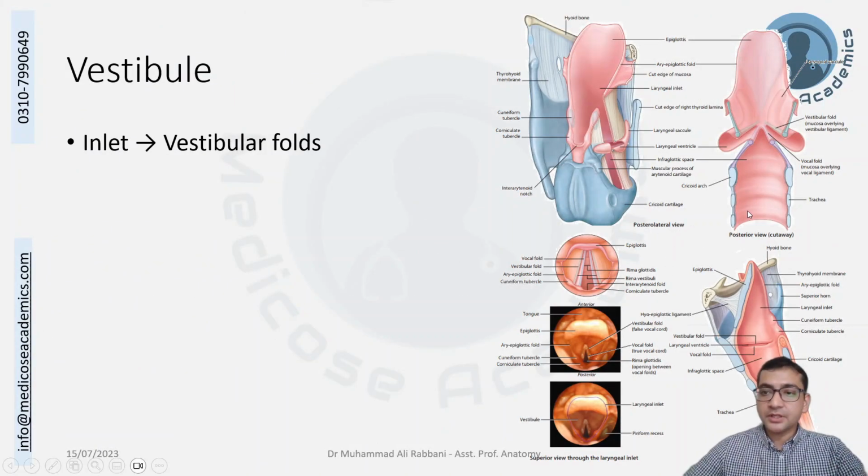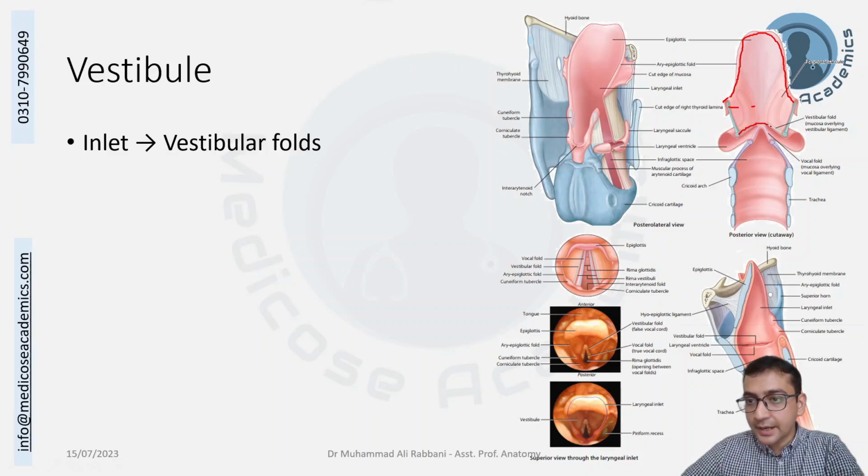So it has further been divided into three parts. The part that starts from the laryngeal inlet and ends at the false vocal cord is known as the vestibule.